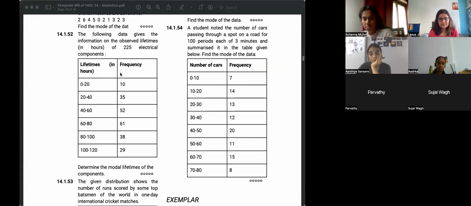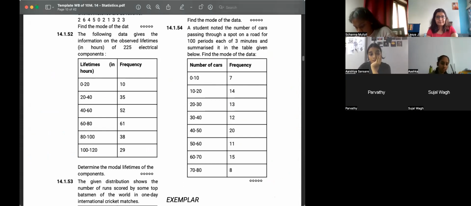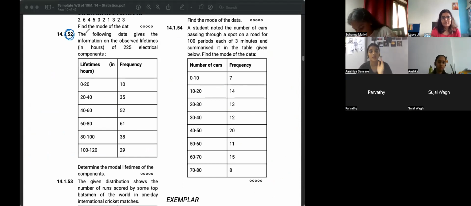Look at this question. Here that question. So following data gives the information of observed lifetimes in hours of 225 electrical components. So you're given the lifetimes, you're given the frequency. We need to calculate the modal lifetime. Matlab, we need to find out the mode.